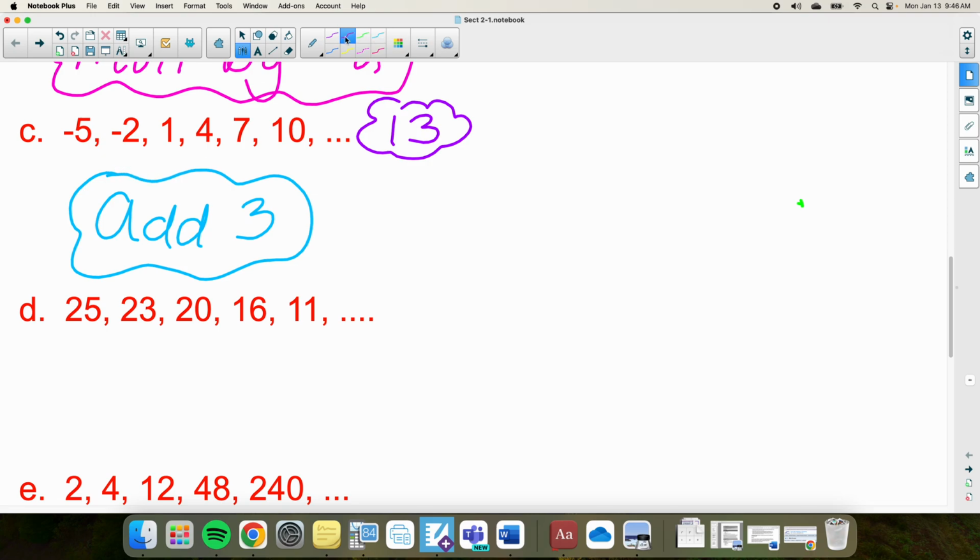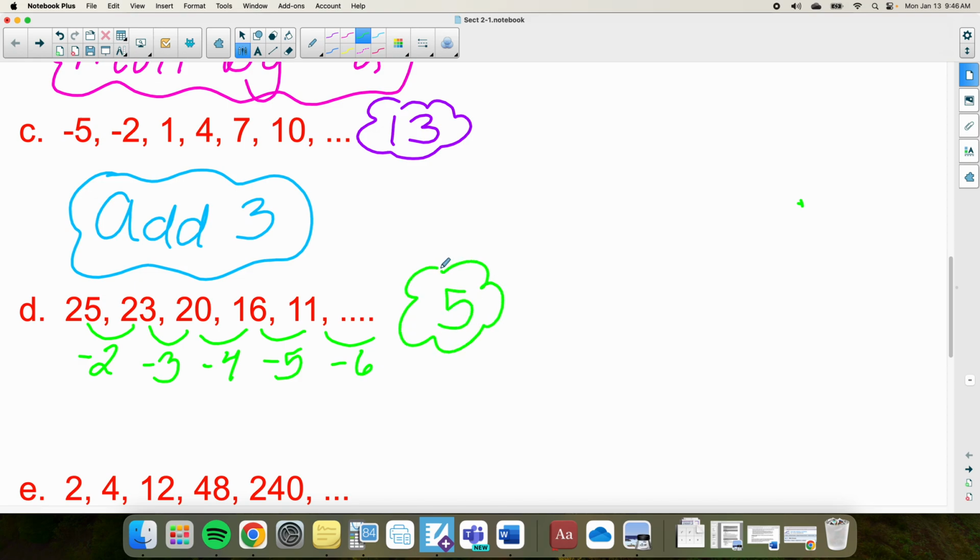How about this one? Subtract 2, subtract 3, 4. Yes. So we're subtracting 2, sorry, not 3 there. Subtracting 2, subtracting 3, subtracting 4, subtracting 5, and the next one we would subtract 6, so that is 5, okay?